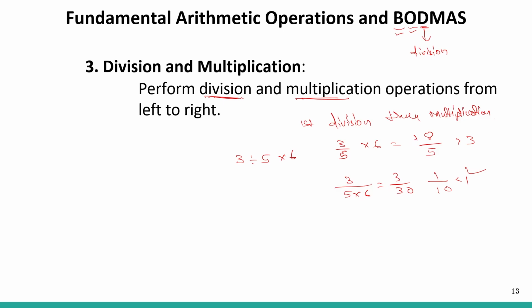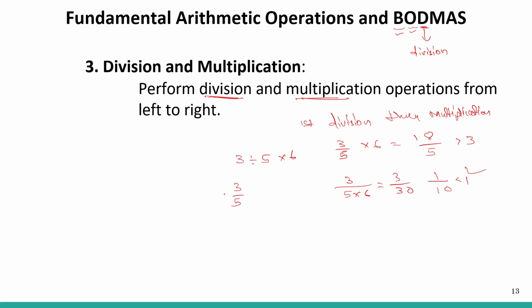So it actually matters. According to the BODMAS rule, we search for brackets. Are there any brackets? No. Then we search for O, that is exponents or powers. Are there any exponents or powers? No. So we can move further. Right now what we have is first division, then multiplication. So division, yes, 3 divided by 5.